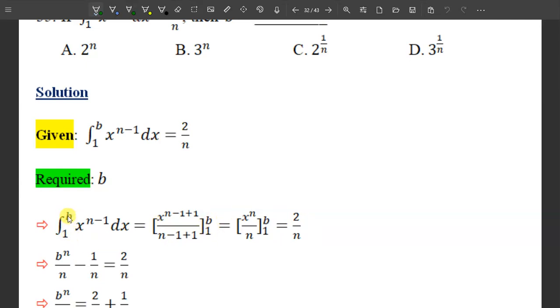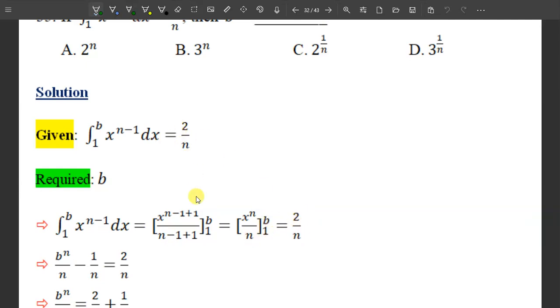Since our lower limit is 1 and the upper limit of the integration is b, we need to evaluate this integration from 1 up to b. The x to the power of n minus 1 plus 1 means it is x to the power of n, and then n minus 1 plus 1 also is equal to n. Evaluated from 1 up to b must be equal to 2 over n.